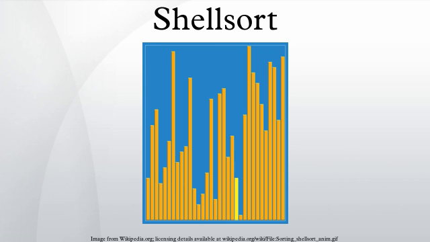Pseudocode, using Marcin Ciura's gap sequence, with an inner insertion sort. Sort an array a[0..n-1]. gaps = [701, 301, 132, 57, 23, 10, 4, 1]. Start with the largest gap and work down to a gap of 1.